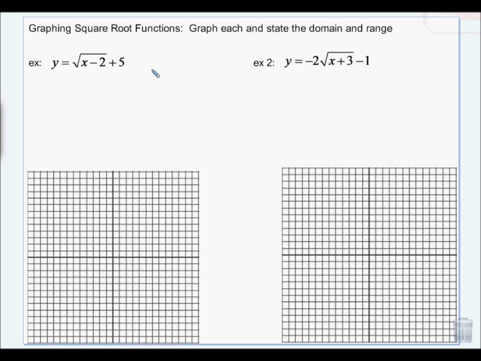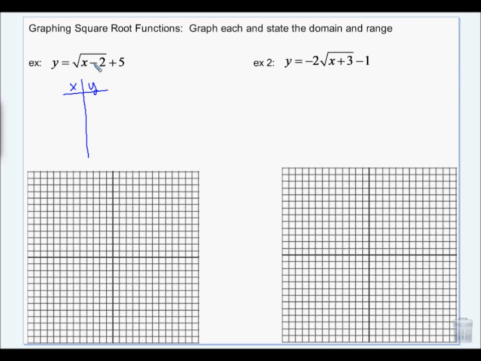Graphing them. Well, here I know I'm going to move 2 units to the right and 5 units up. But it's usually just easier to make a table. And what I want is to pick x's that will give me perfect squares.